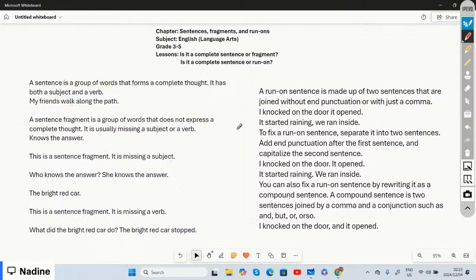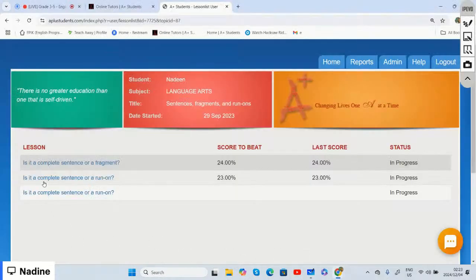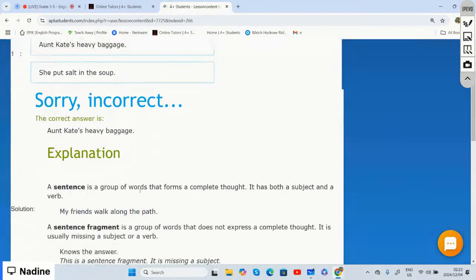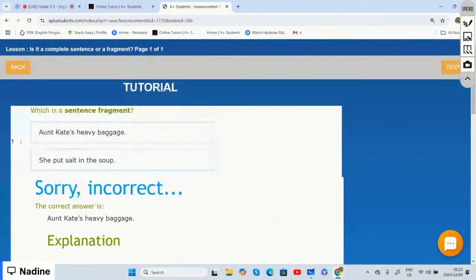All right, so now we're going to aplusstudents.ca and we're going to look at the sentences and say, is it a complete sentence or is it a fragment?